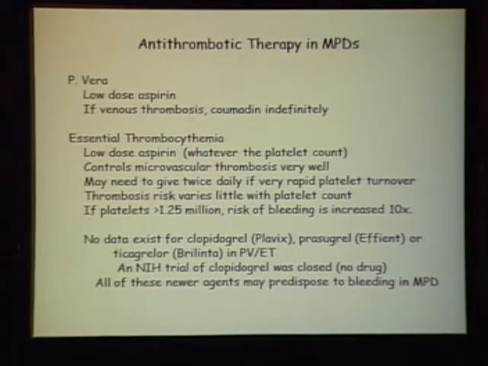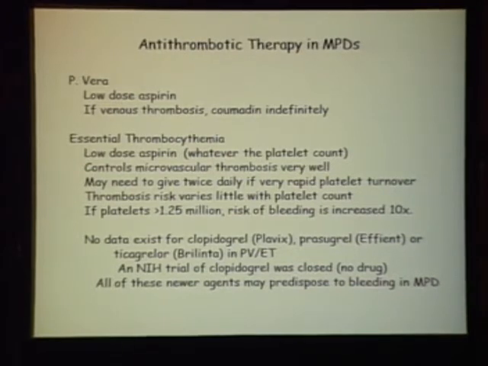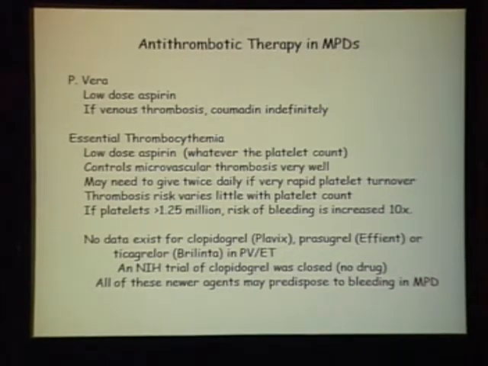And therefore, it is probably not wise at this time to switch to these very convenient agents whose effects cannot be measured by any of the tests that we have and whose effects cannot be turned around by any of the antidotes that we have. So I think it's too early to consider that in polycythemia.